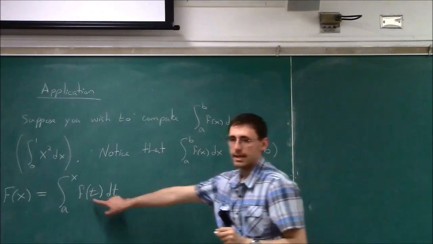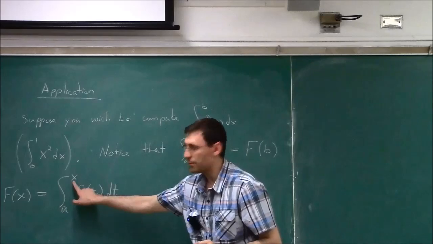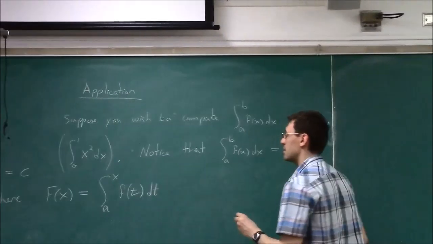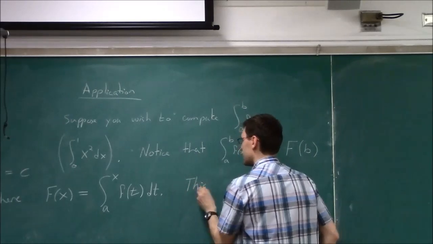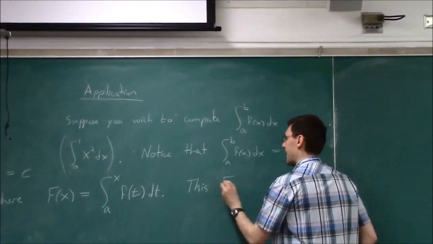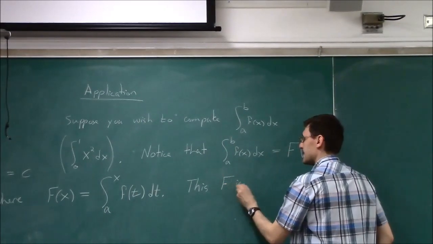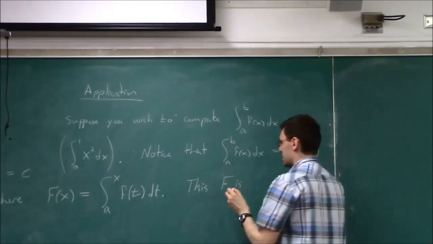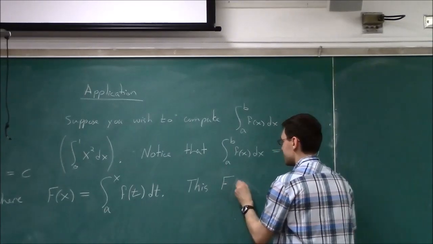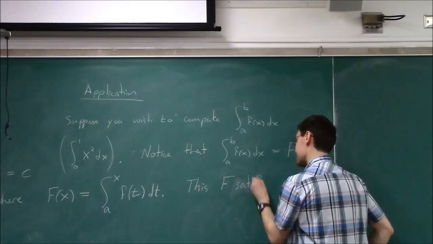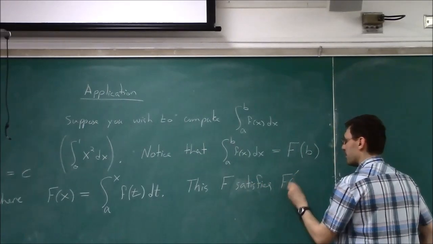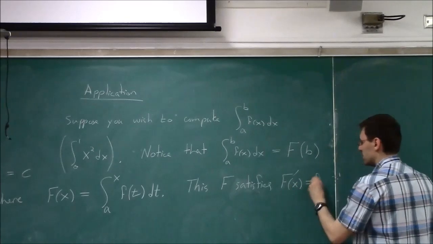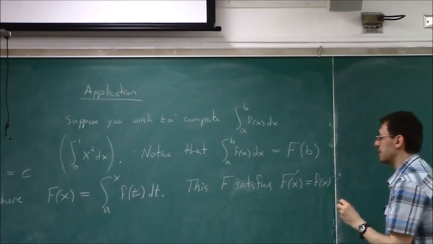You see, the same exact function, but I just modify this and make it x. This F satisfies F prime of x equal to little f of x. So it's one antiderivative.